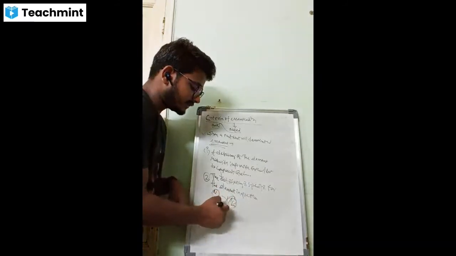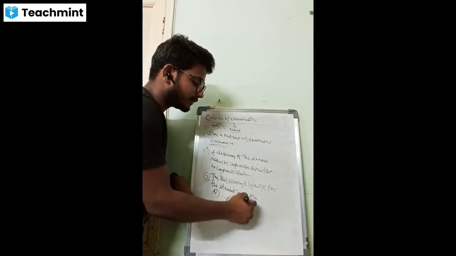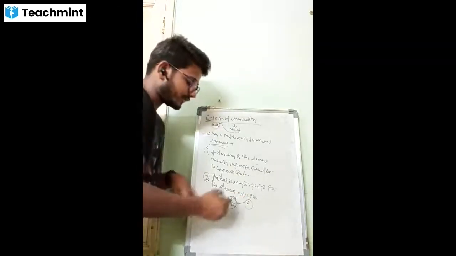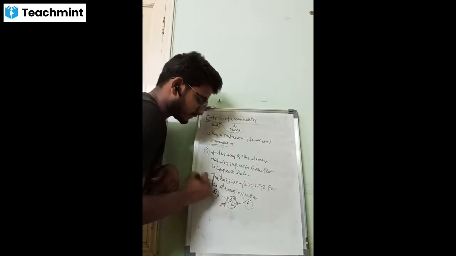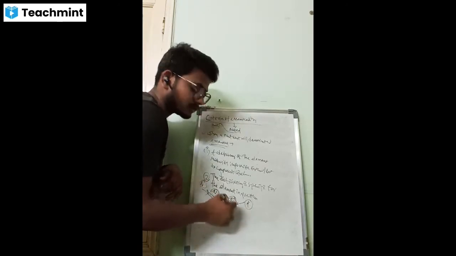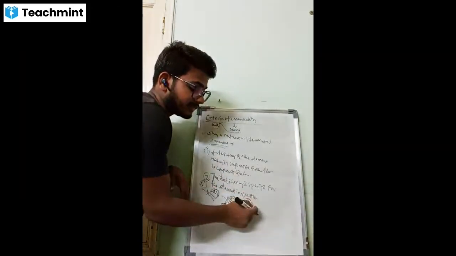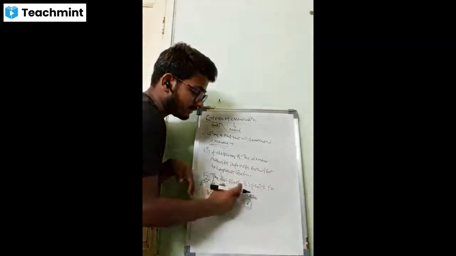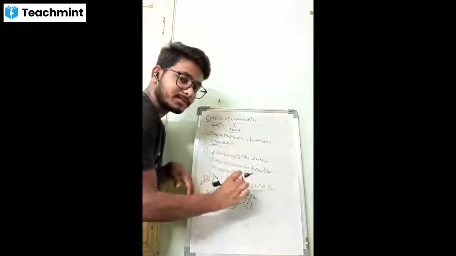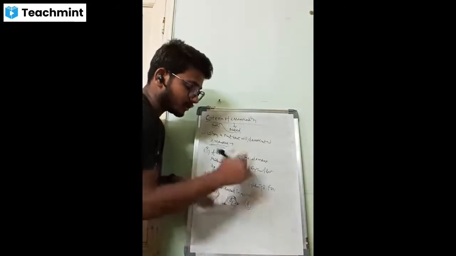The deficiency of P will not recover by potassic fertilizer. If there is a deficiency of nitrogen, we should apply a nitrogen source. If there is a deficiency of phosphorus, we should apply phosphorus fertilizer. If there is a deficiency of potassium, we should apply potassium fertilizer. So the deficiency is very specific to the particular element. It will not recover by the other element.